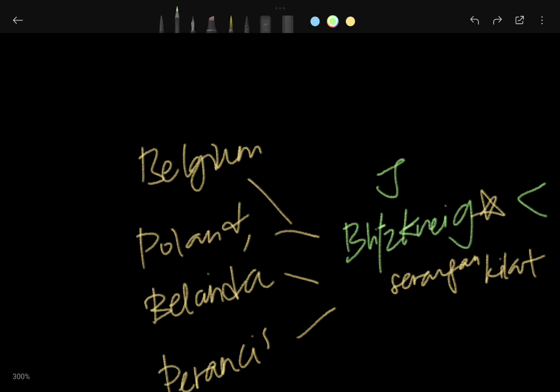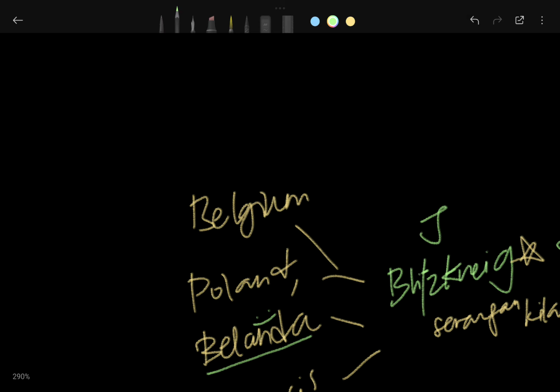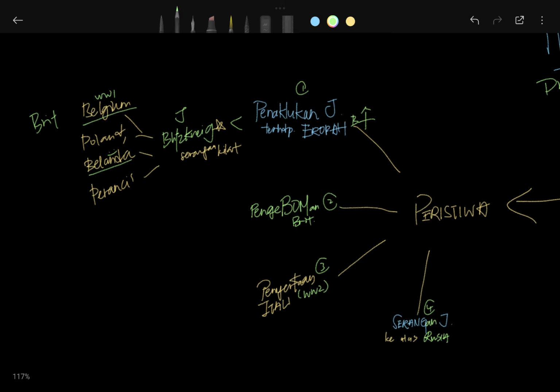Belanda I just put in because I like Belanda, because you mentioned a lot of Belanda in Form 2 and Form 3. Then Belgium is because in World War I, we mentioned the influence when German cut in through the land of Belgium to attack Perancis. The British were mad at them. And speaking of the British, we're gonna come over to the British immediately after this.